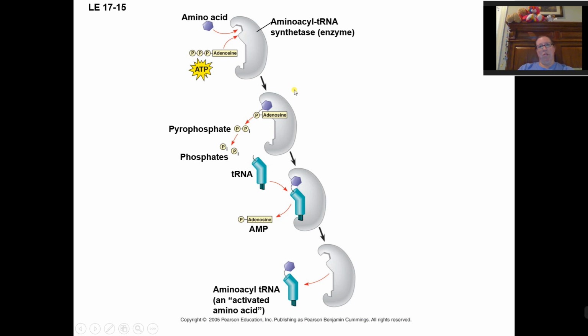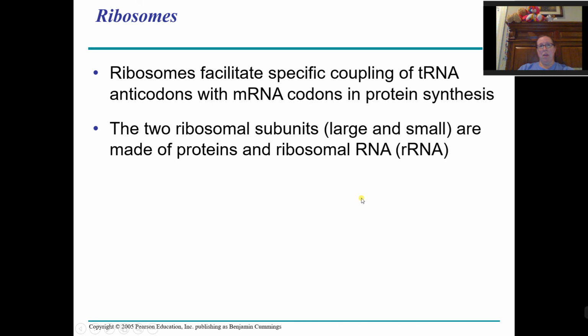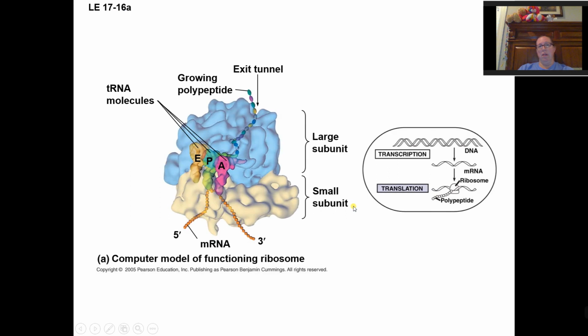So here's another picture. I'm not going to go into all this; we'll be here all night. Ribosomes, basically what I want you to know about them is that they're responsible for protein synthesis. At this point you have to know a little bit more detail about them, but we're not going to go into a lot of the large and small subunit talk.